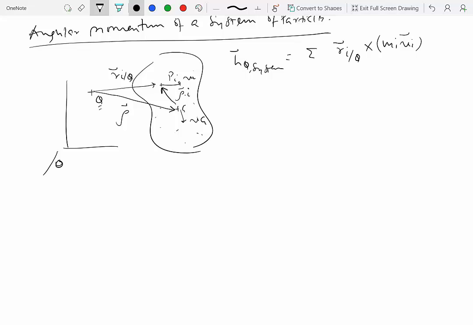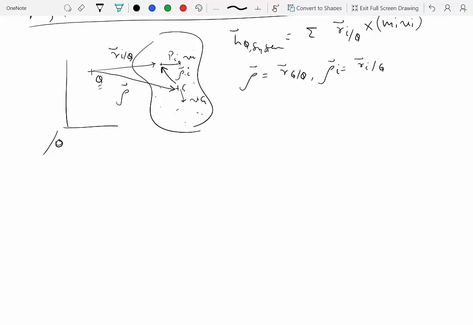Rho is the position vector of G with respect to Q, and rho_i is the position vector of i with respect to G. So r_i/Q can be written as rho plus rho_i. From this triangle, this vector is equal to rho plus rho_i, right? And that's fine. All right.